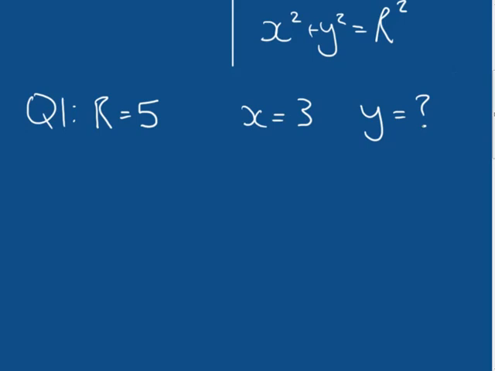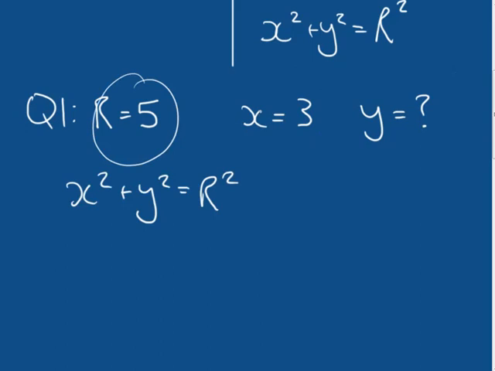So we can see we have our circle equation, x squared plus y squared equals r squared. And we have some of the information here. We have r, we have x, and we're trying to find y. So it's a simple case of rearranging this equation to solve for y. And hopefully we're very comfortable doing that at this point.